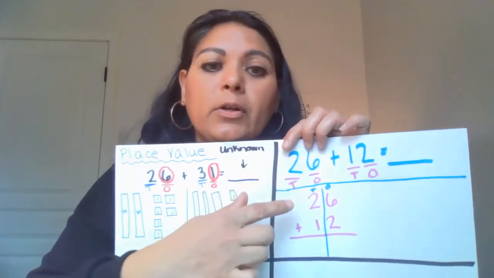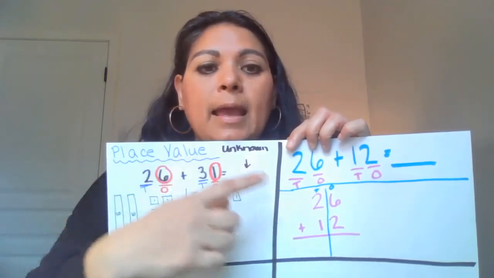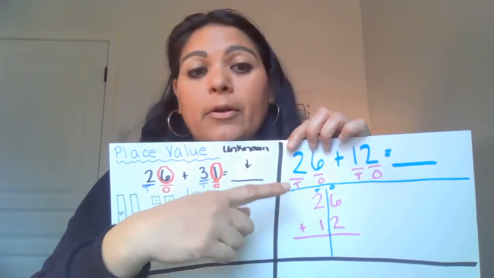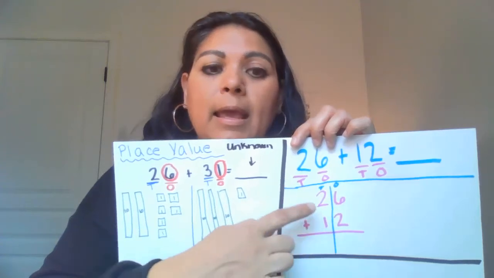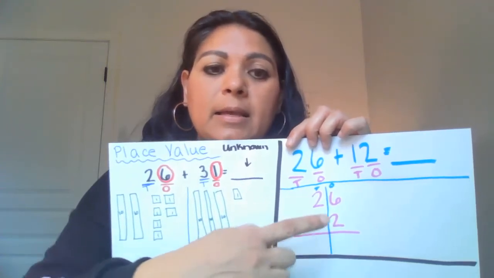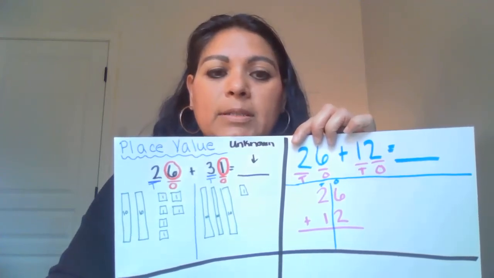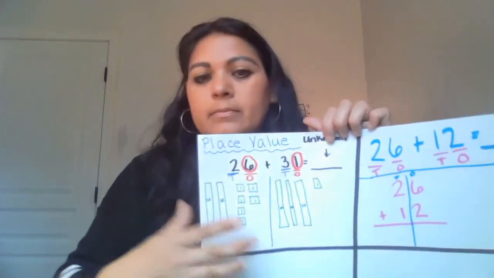If it is vertical, I put a line down the middle, and you still have your tens place and your ones place. If you want, take a moment and write.